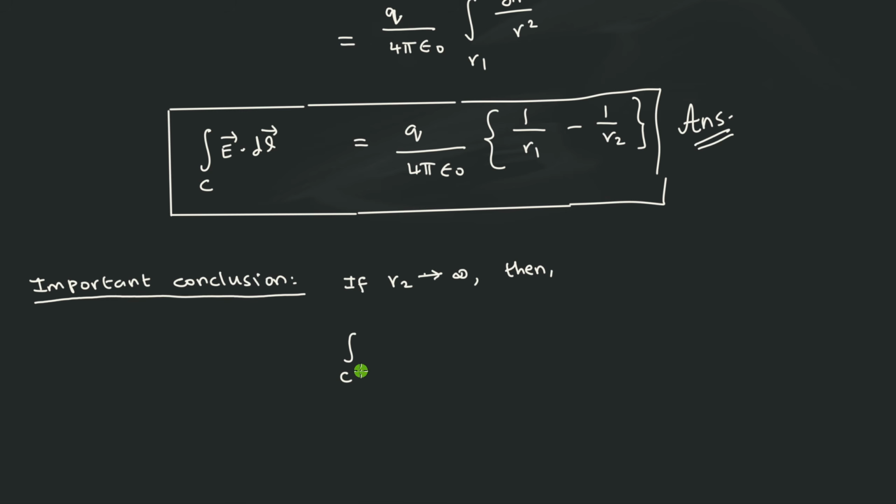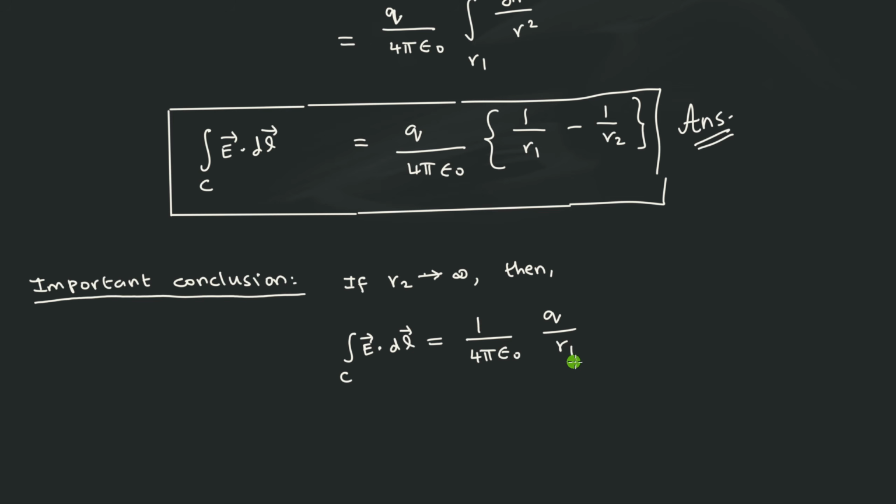So you don't have to worry which contour is to be considered. The integral over the contour of E dot dl will be equal to, substituting R2 as infinity, 1 over infinity is 0, so you will get only this expression, 1 divided by 4 pi epsilon 0 into q divided by R1. R1 is the only radius there.